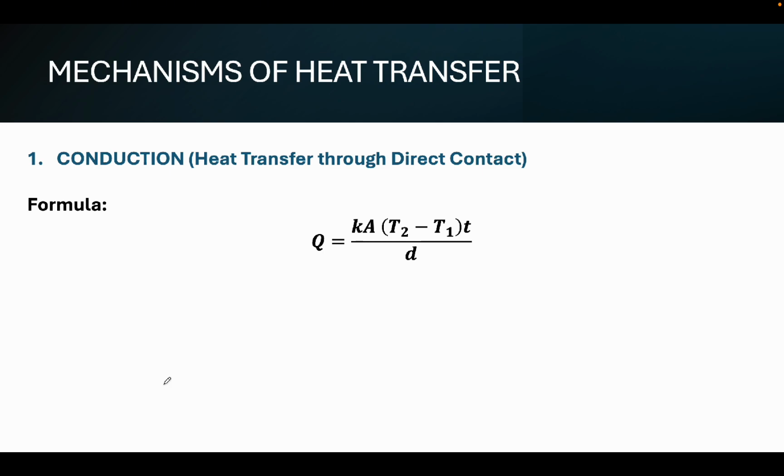Now, we have the formula for conduction. Q is the heat transfer. Q is equal to K times A times T2 minus T1, divided by t times d. K is the thermal conductivity. A is the cross-sectional area.